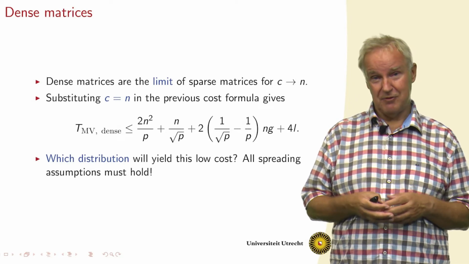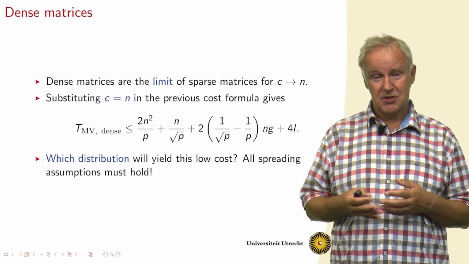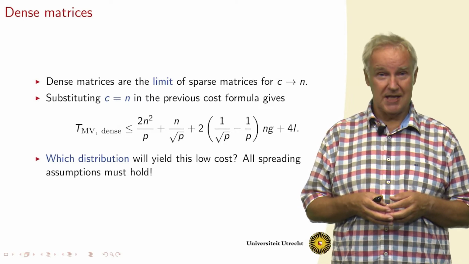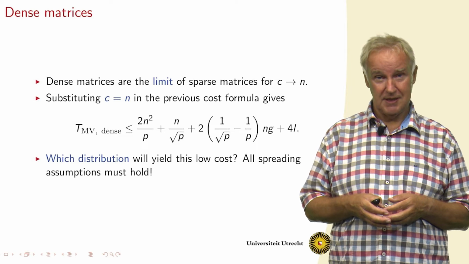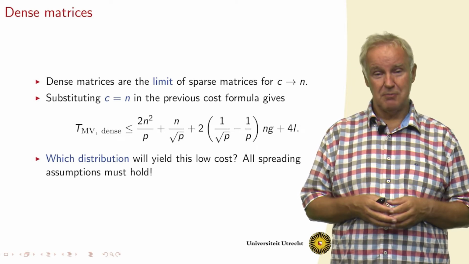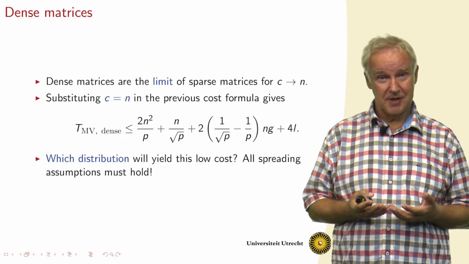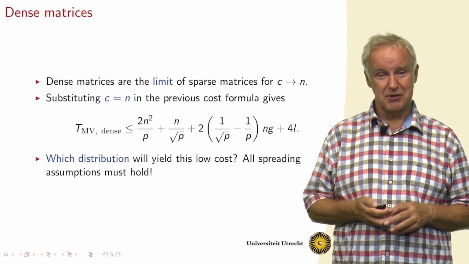So we have lots of computation. Still, the communication then becomes 2 times n divided by square root p times g in approximation. So this is what we can achieve, but all the spreading assumptions must hold.